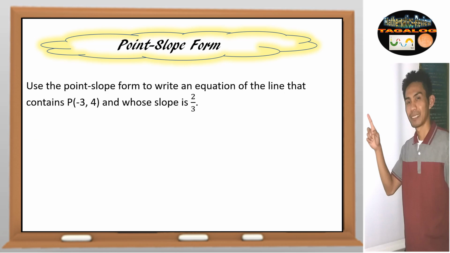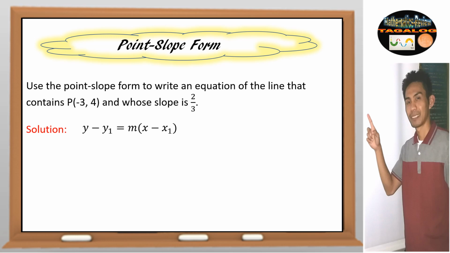Okay, another example. Use the point-slope form to write an equation of the line that contains P, -3 and 4, and whose slope is 2/3. So, gamit po yung point-slope form natin na y minus y sub 1 is equal to m times the quantity of x minus x sub 1.